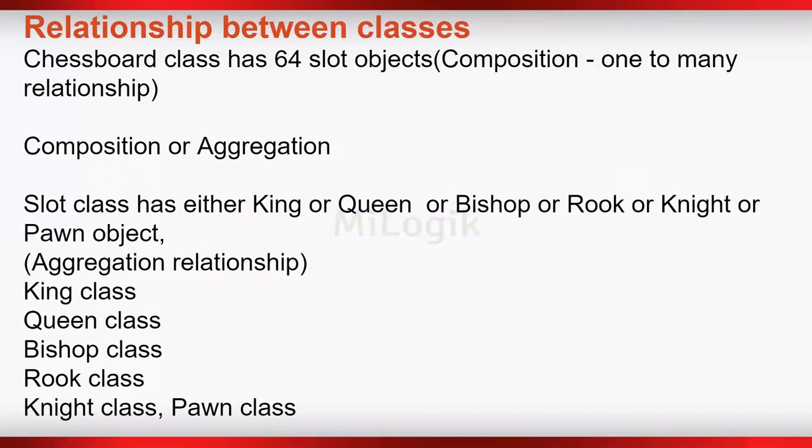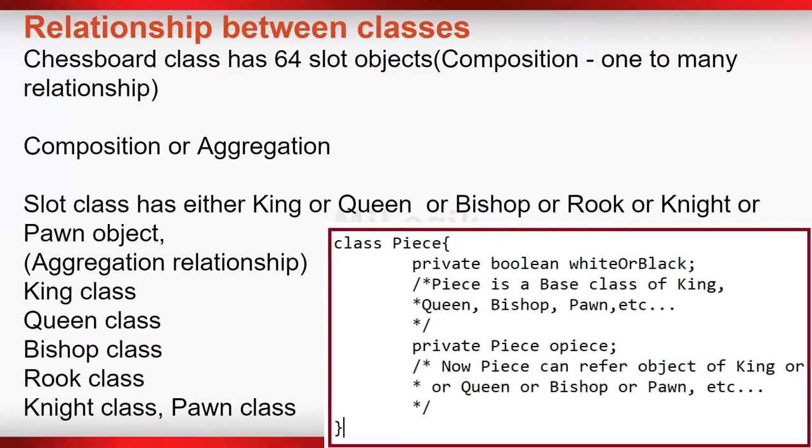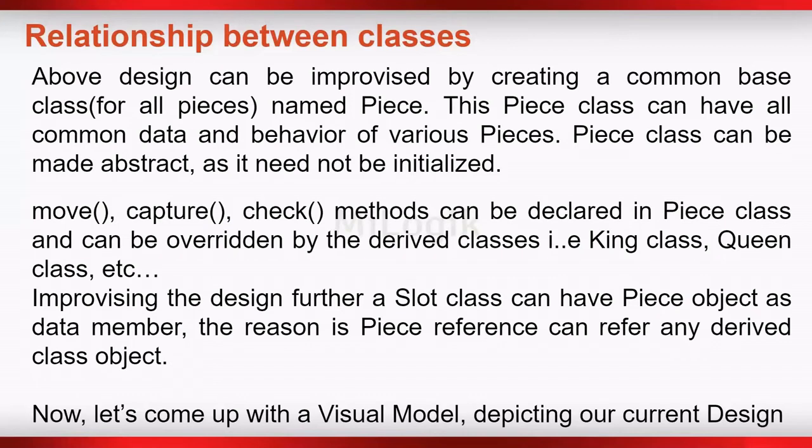Yes, it can be improvised by creating a common base class for all these pieces. So let us create a common base class and let us name it as piece. This is the common base class of king, queen, bishop, rook, pawn, knight. So the above design can be improvised by creating a common base class for all the pieces named piece.